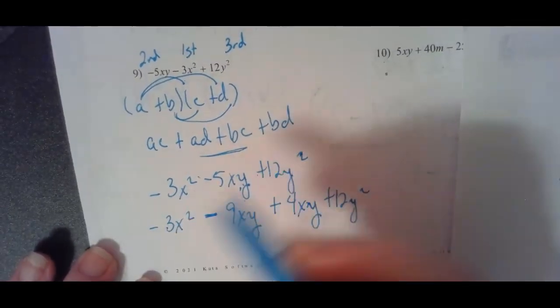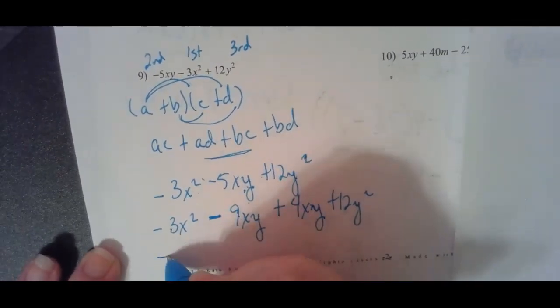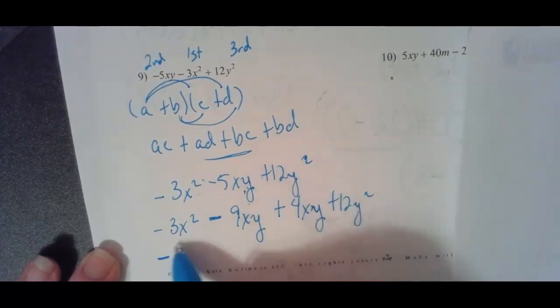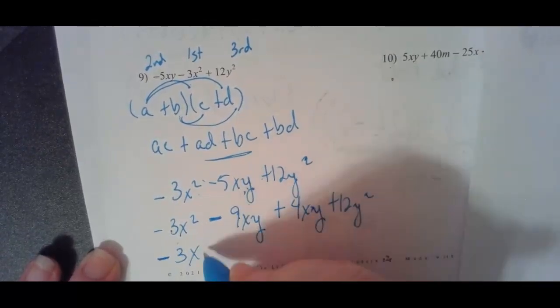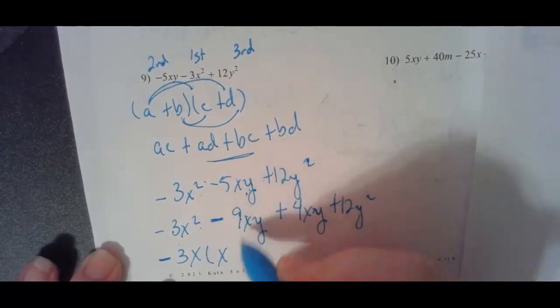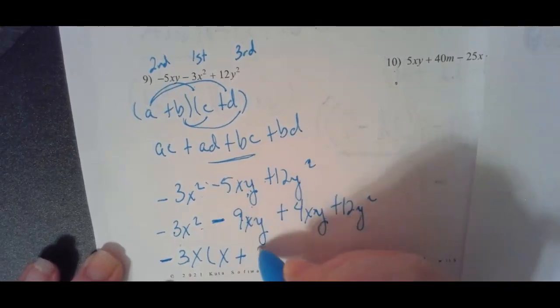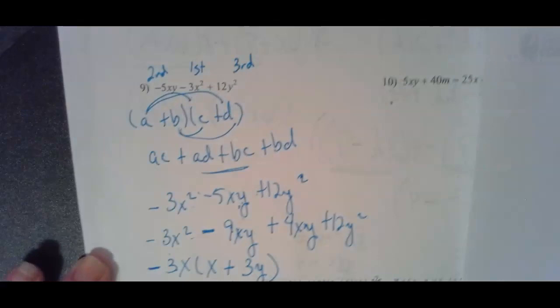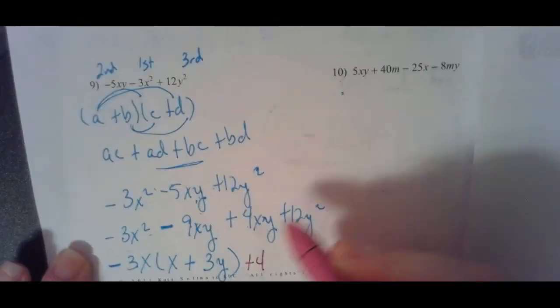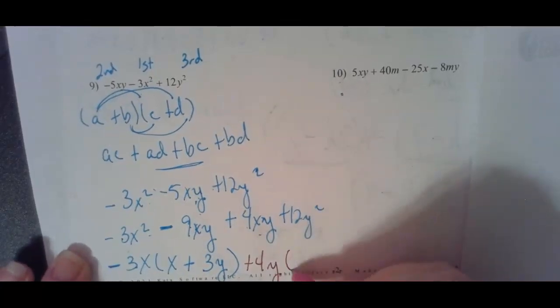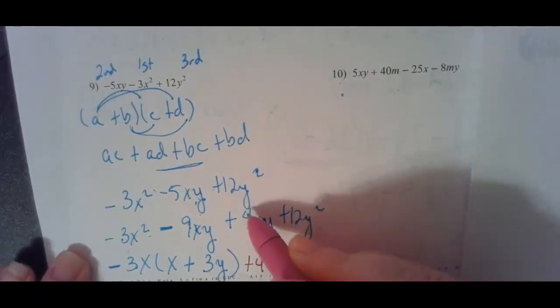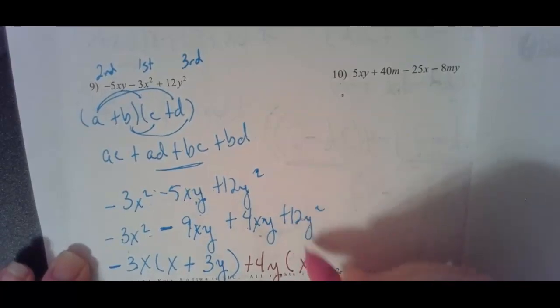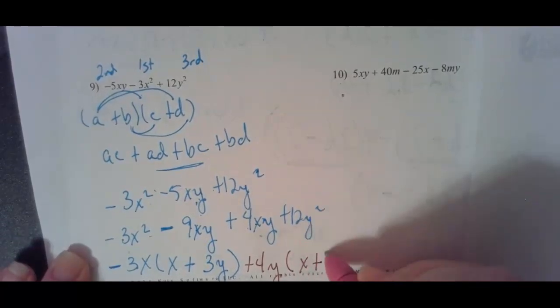Alright, negative 3, negative 9. Let's go ahead and pull out a negative 3. Both of them have an x. Let's pull the x out. Leaves me with x plus 3y. Both of them have a 4. Both of them have a y. Leaves me with x plus 3y.